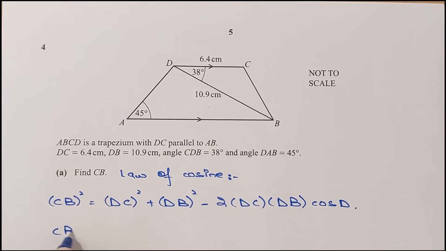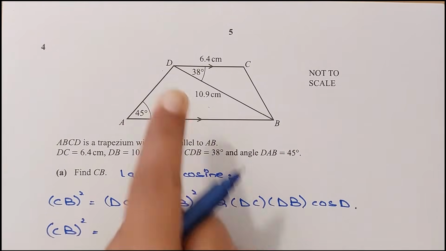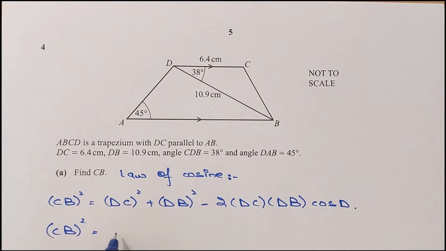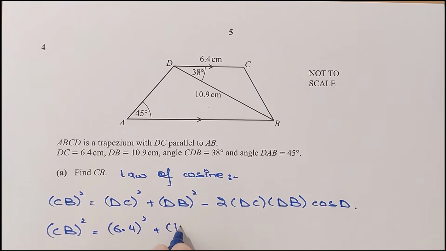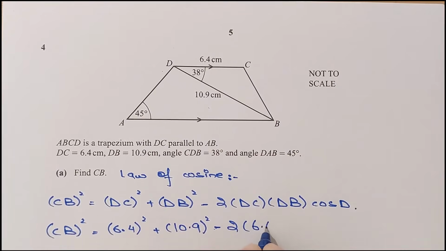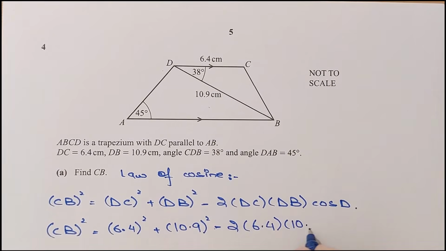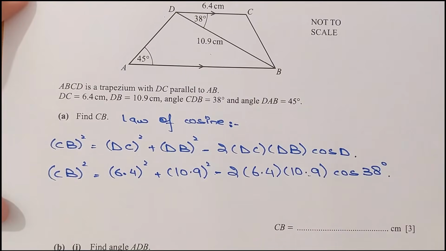So we have CB square equal to DC, 6.4 centimeters whole square, plus 10.9 centimeters whole square, minus 2 times 6.4 times 10.9 times cos of the angle, that is 38 degrees. And to find CB we take the square root, right? Now let me simplify this.